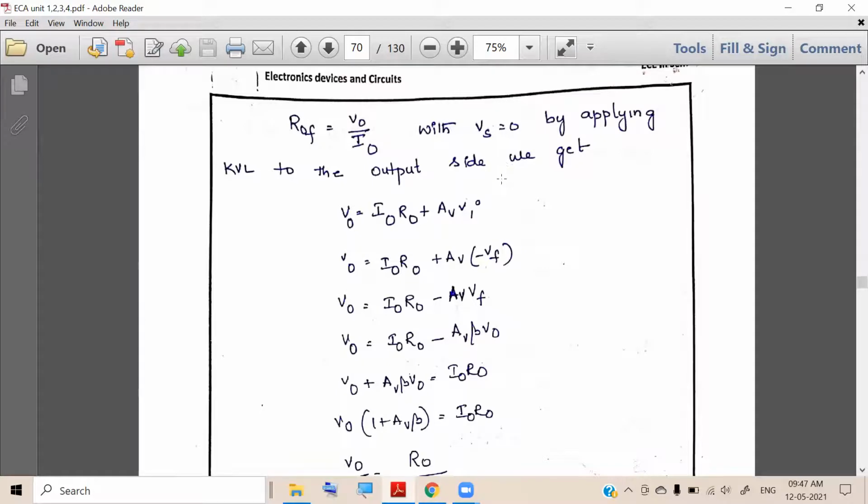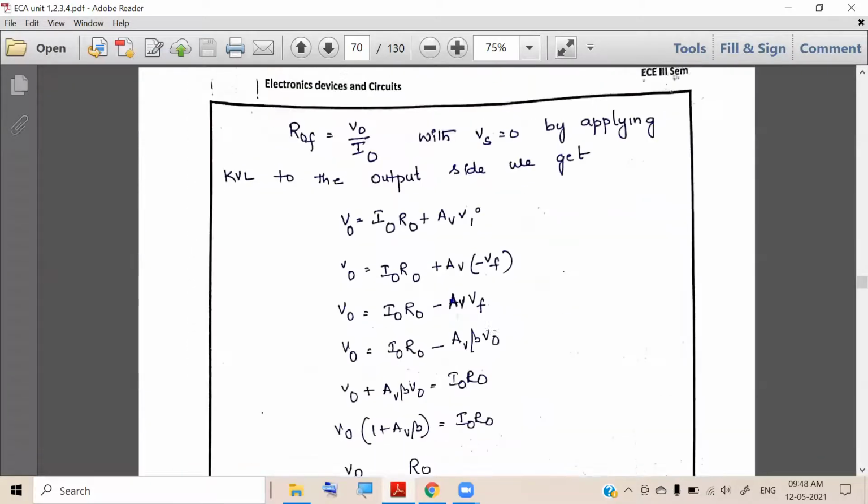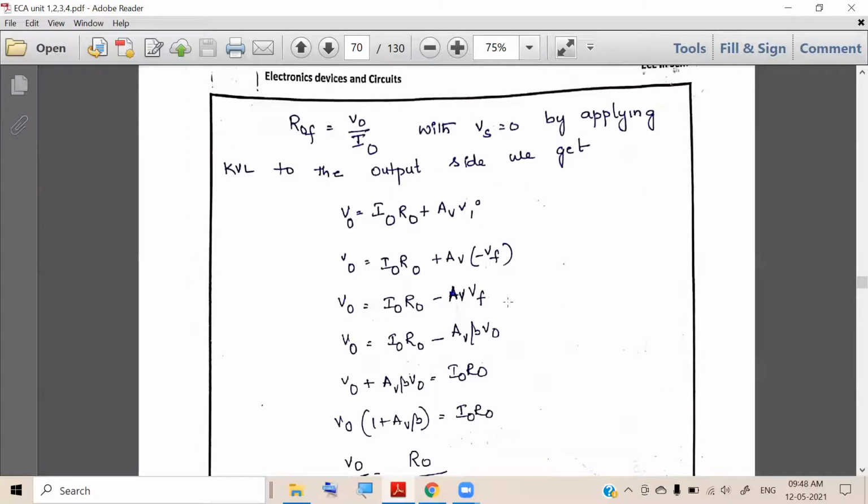So actually V_i is V_s minus V_f, but V_s is 0, so simply we can take V_i as minus V_f. Next, V_f we can write as beta V naught, for voltage series feedback.